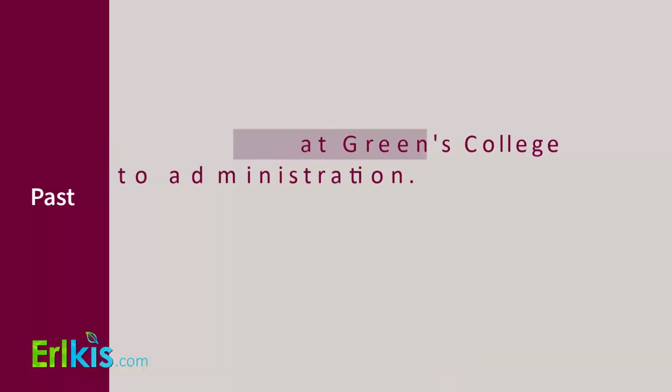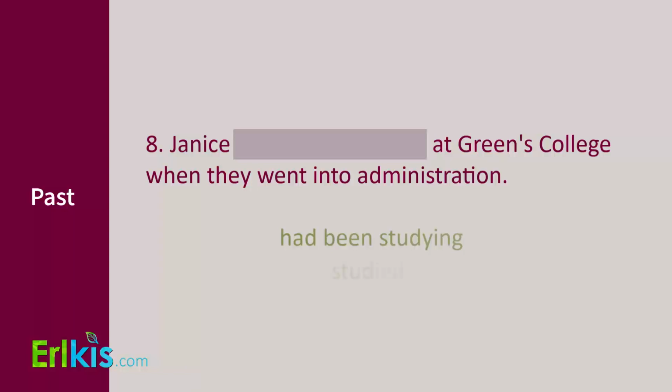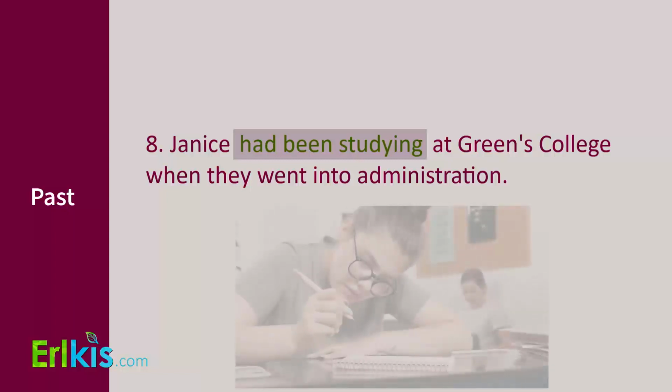Number 8, Janice had been studying, studied, or had studied at Green's College when they went into administration. And the best choice for this sentence would be had been studying.